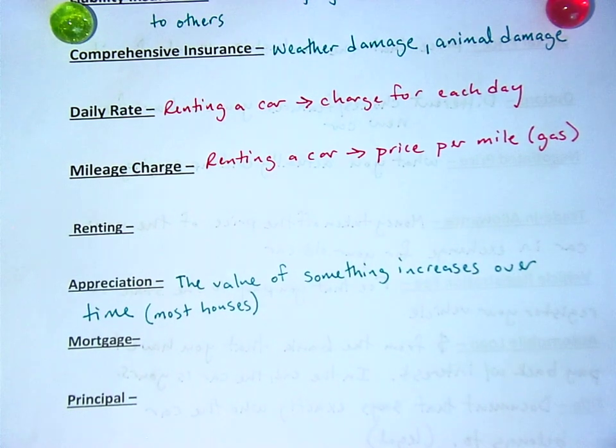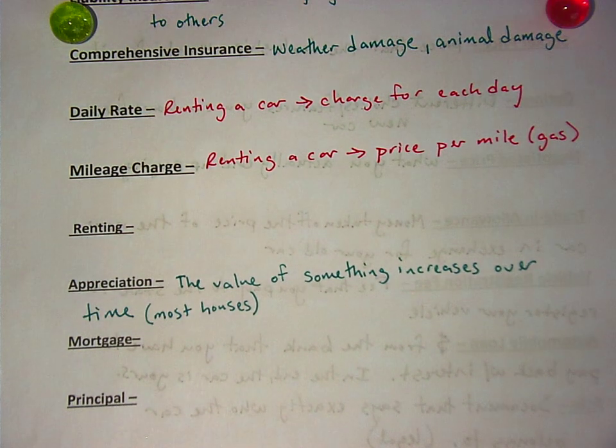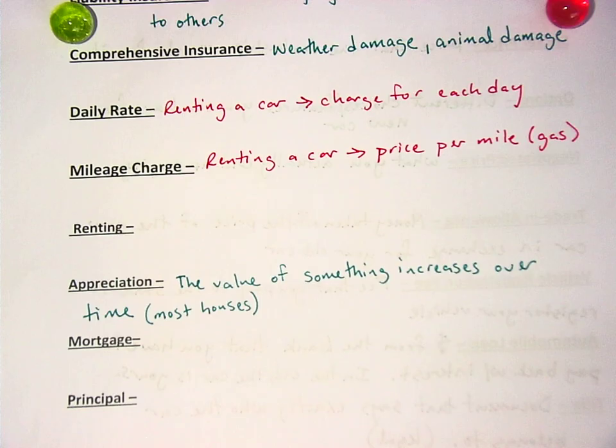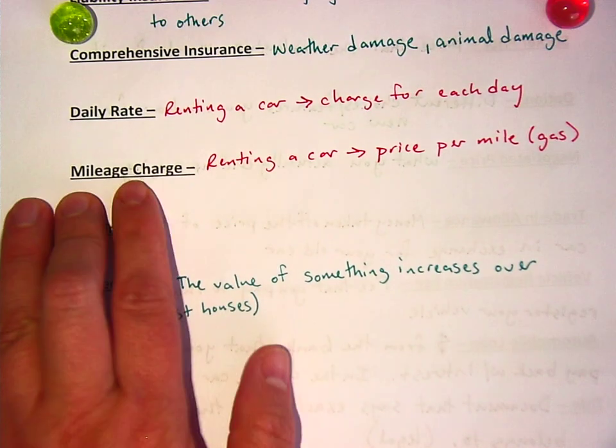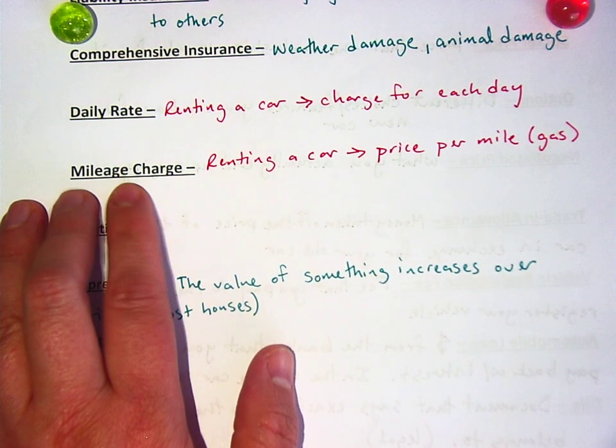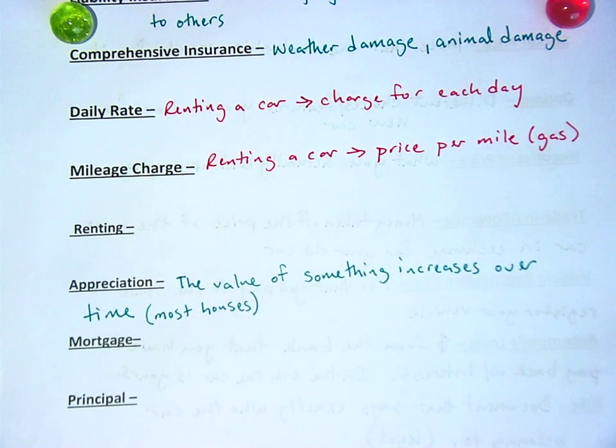You can either pay them per mile, or you can just fill the tank back up when you're done, as long as you do it right next to the place that you're renting from. So sometimes the mileage charge is gone, but some places still have it because they might even make it more expensive than gas. Why would they make it a little bit more expensive than gas? Not just so they can make money, but yes.